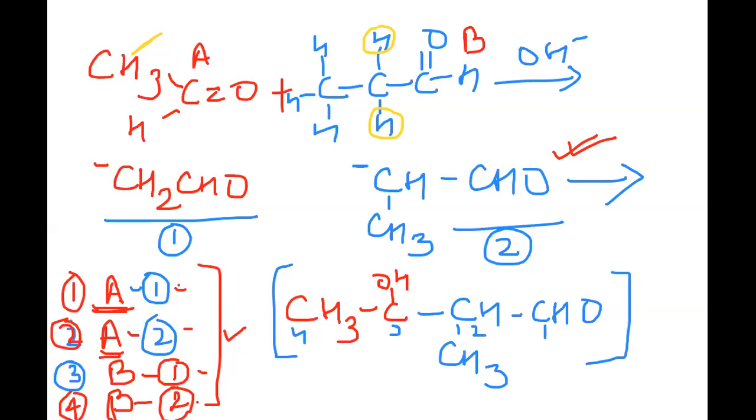Similarly, try doing this out, and you will see that more than one product can be obtained. Why? Because the 2 aldehyde groups that we are taking are different, and both of them can form a nucleophile. The nucleophile can attack the same group from where it has been generated, or it can attack the other aldehyde group from which the other nucleophile has been generated.